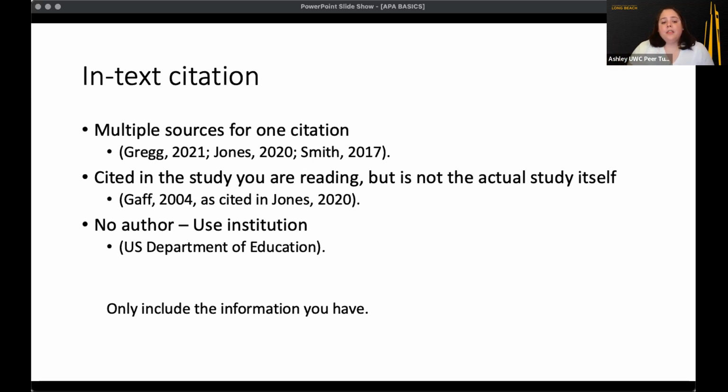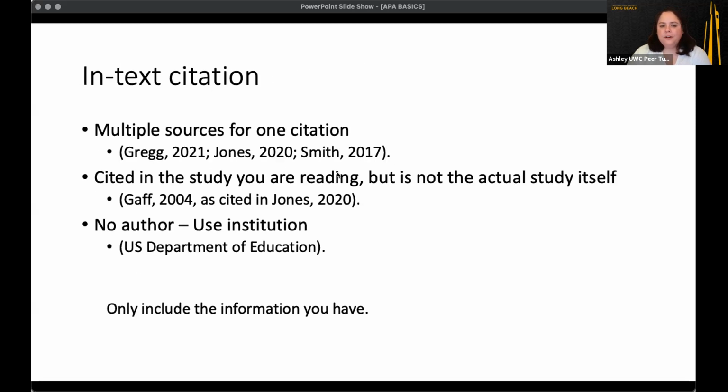If there's no author, which is very common for government institutions, just use the institution. If there's no date, don't put a date. Only include the information that you have, and don't make up anything, like saying, oh, you got it off the website at this date. Just don't put it in if you're not 100% sure.